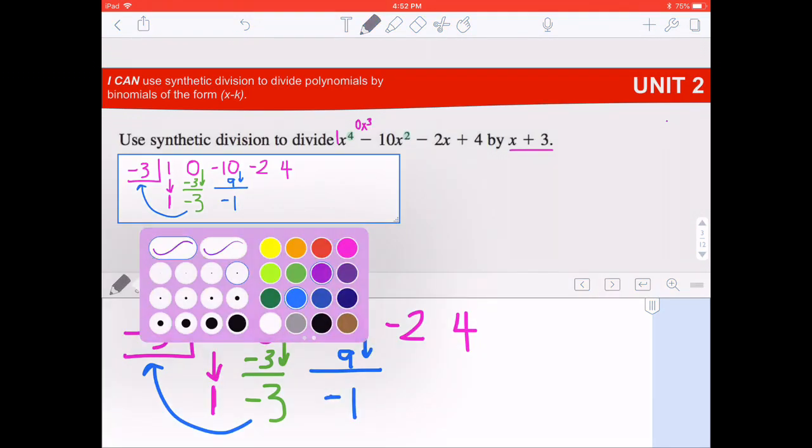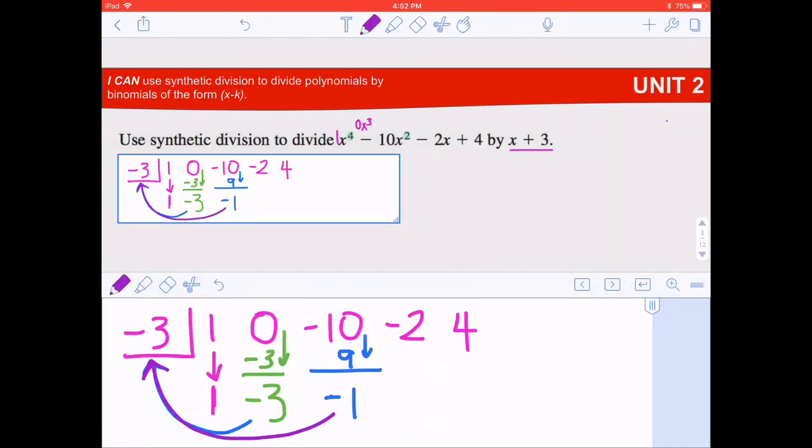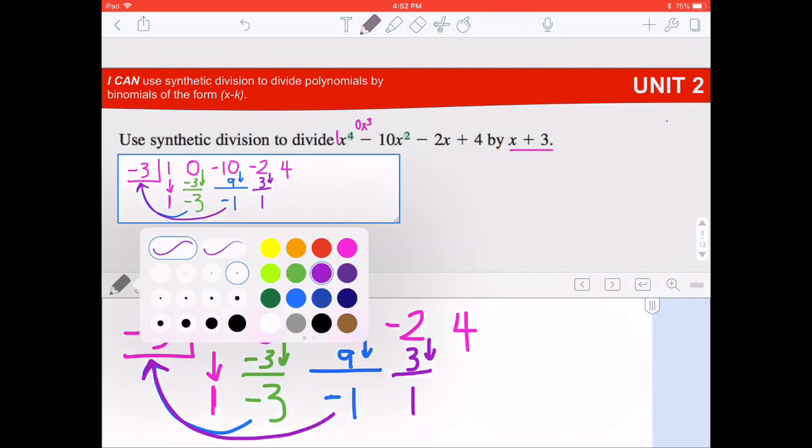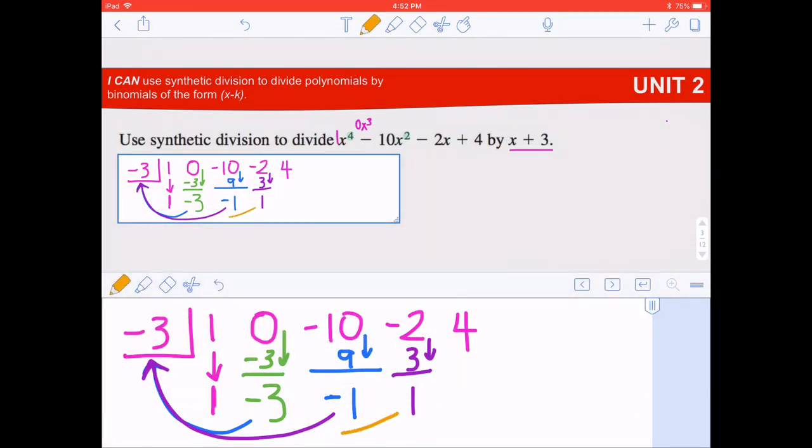And we just keep on going. Negative 1 times negative 3 gives us a positive 3. Going down, minus 2 plus 3 is a positive 1. And then last time, 1 times negative 3 gives us a negative 3. 4 minus 3 is a positive 1.